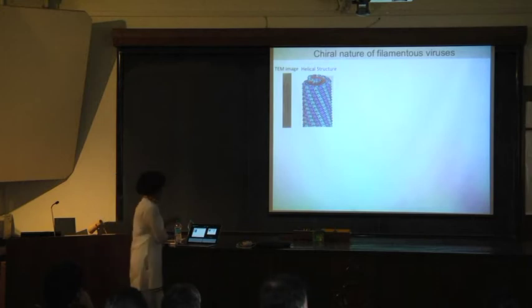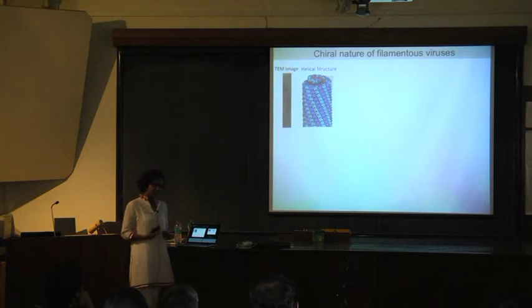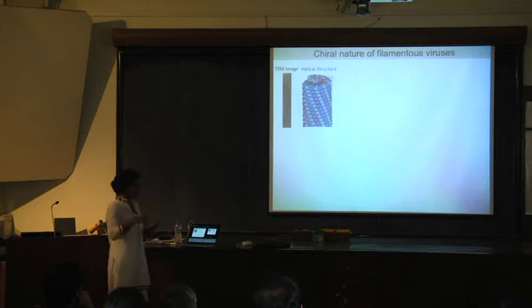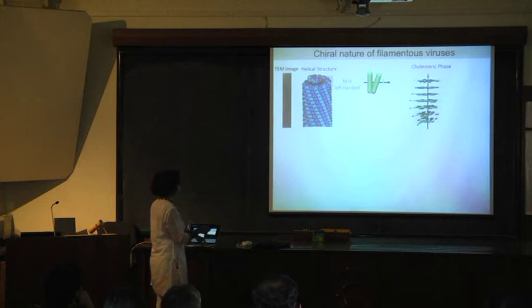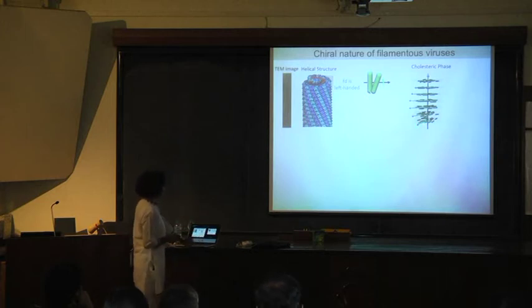So when you make these bulk nematic suspensions, it's not a nematic, rather it's a twisted nematic, where the director rotates. In the case of the wild type virus, the director rotates in the anti-clockwise direction.